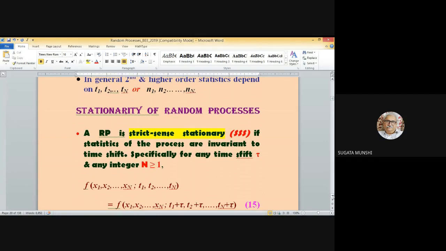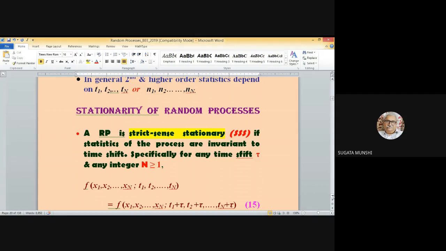So first, I give you a very rigid definition of stationarity of random processes. A random process is said to be strict sense stationary or narrow sense stationary if statistics of the process are invariant to time shift.